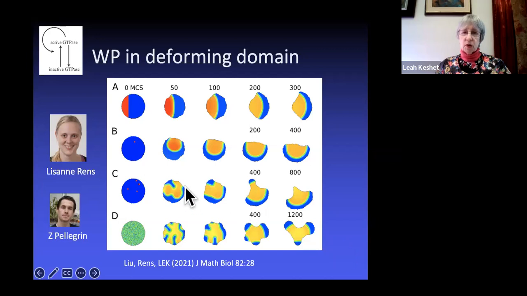Now, we've looked also at how this same simple system works on a deforming domain. And that was done by a former postdoc, Lizanne Wenz, and an undergrad student, Zachary Pellegrin, who coded up this type of simulation in a deforming boundary.